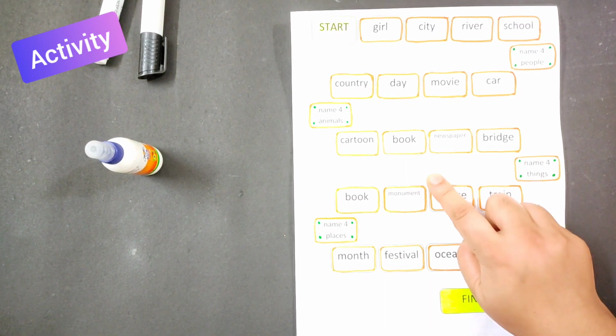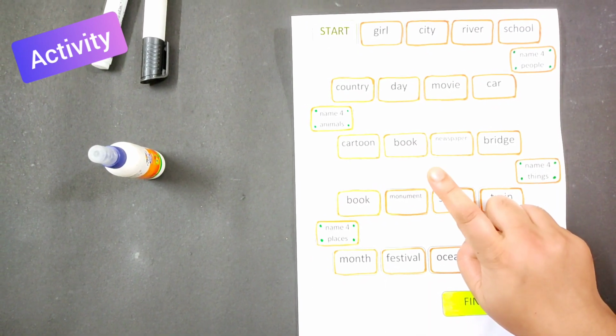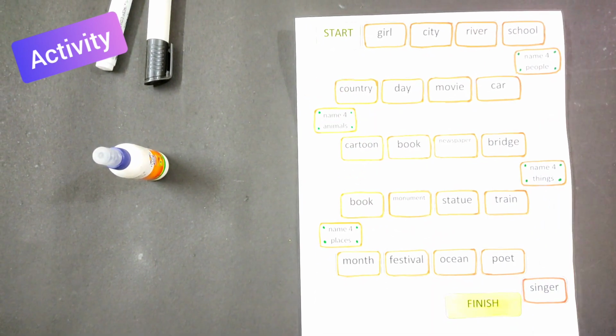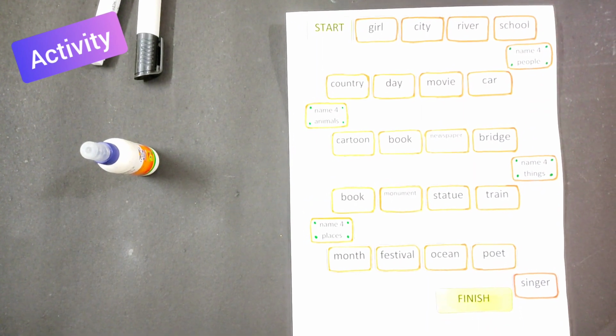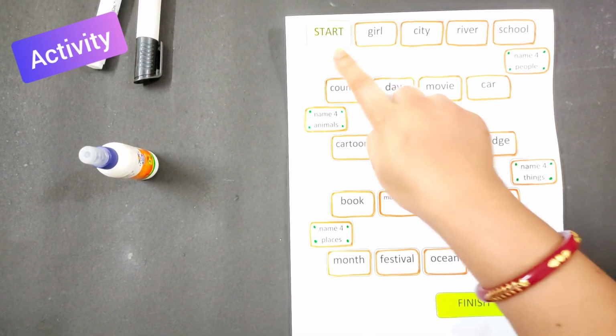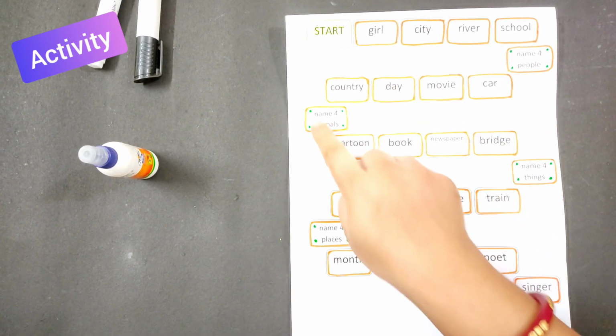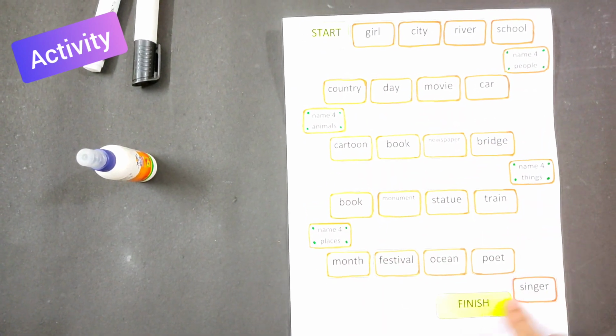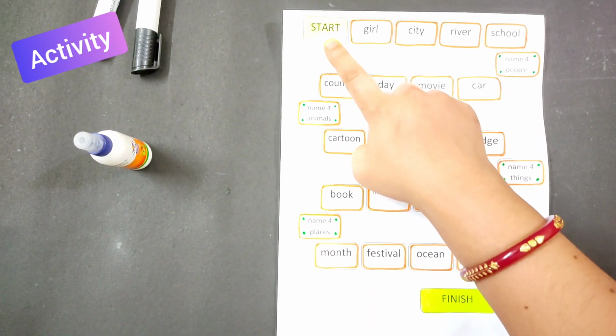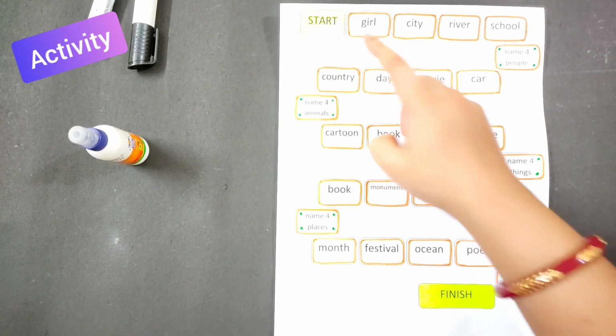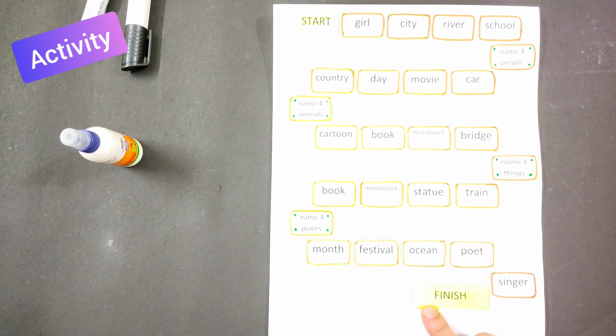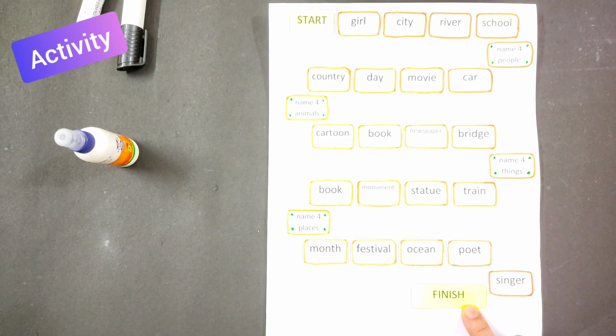Now how to make this chart. For this chart, you need a piece of paper. Then draw some boxes like this in a chain pattern. In the first box, write start, and in the last box, write finish.